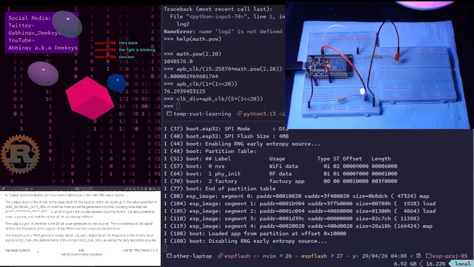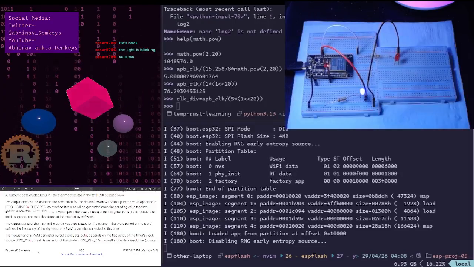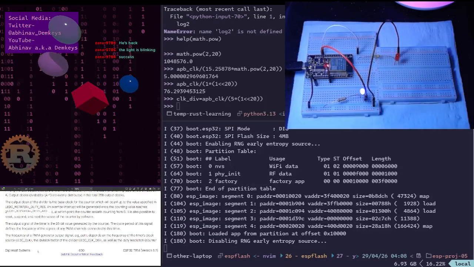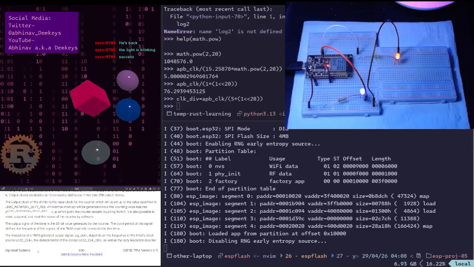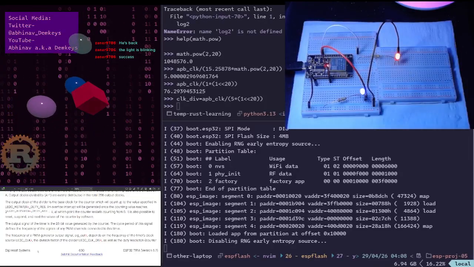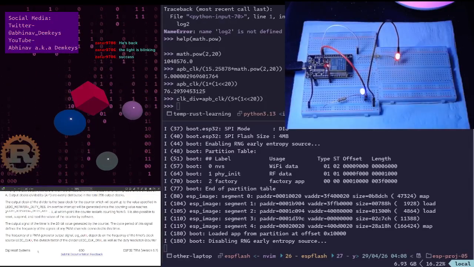I'm assuming that's how it works, so every that many ticks, we've set a resolution of 20 bits. We've set a resolution of 20 bits, so PWM has to be that long.